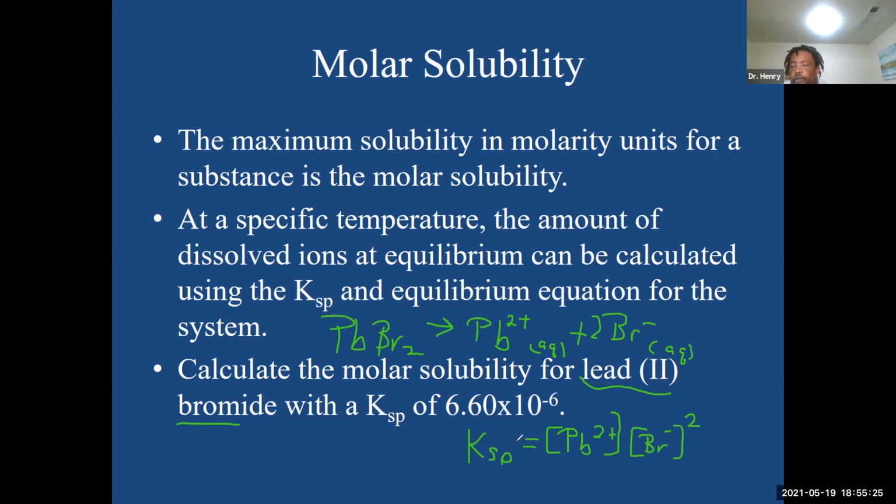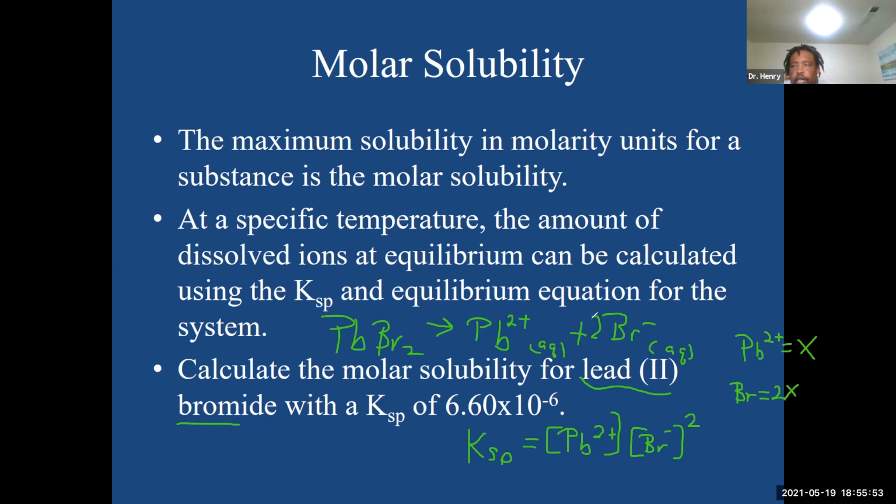Okay, so if we define X as the concentration of lead, then we can substitute Pb2 plus is going to be X. Then bromide is going to be equal to 2X, right? Is that true?